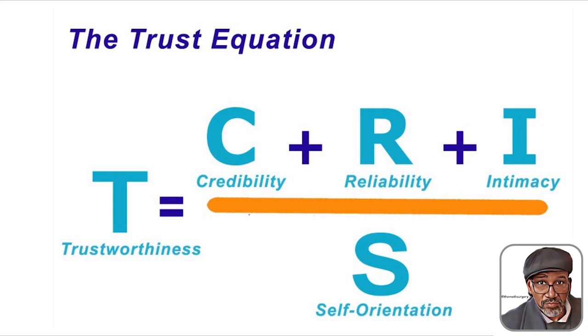Or more commonly, I don't trust him. I think he's too concerned about how he's appearing, so he's not really paying attention. So everything on the right-hand side of this equation must stack up for trust or trustworthiness to flow freely.